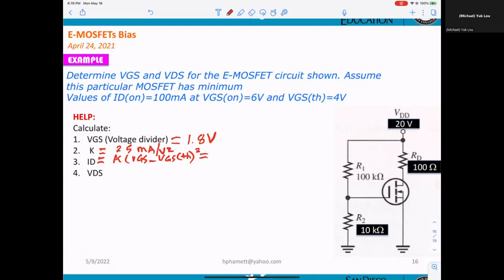Let's see, it should be 1.8 minus 4. No, that's wrong. So basically, that one you can take 25 times VGS, meaning VG, 1.8, minus 4.